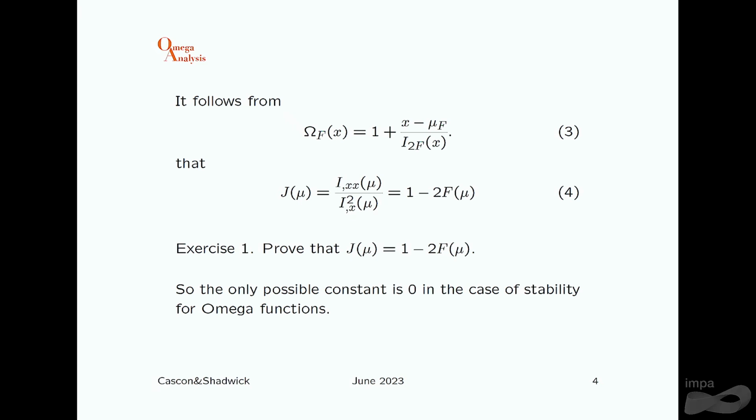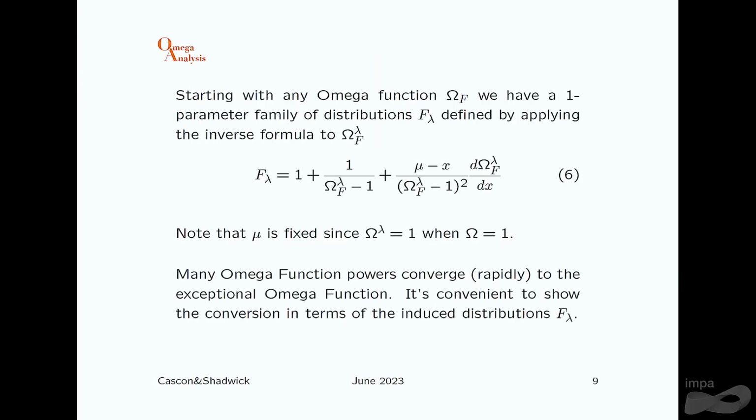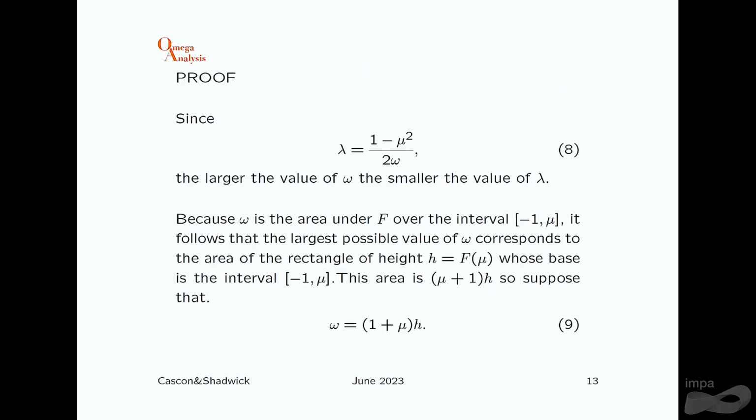J is going to be a constant. It has to take the same value everywhere that it does at mu, and that means it's between -1 and 1, because f of mu has to be bigger than 0, and it has to be less than 1. So that's the constraint on our constant.